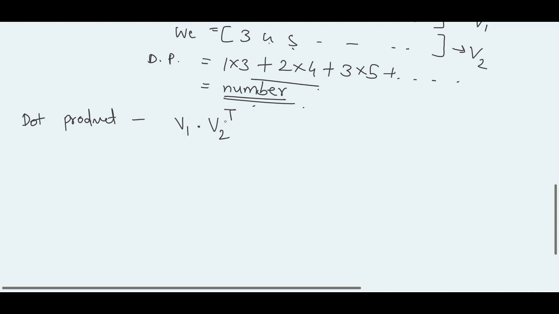Now this t means transpose. So what this basically means is that you have this v1 vector like this, and then you take this v2 vector and you invert its dimensions like this. It will represent that you take the first component and then the second component, you multiply them all and then add together, and you'll get some number. So basically that just means the same operation. Okay, so it need not be confused.